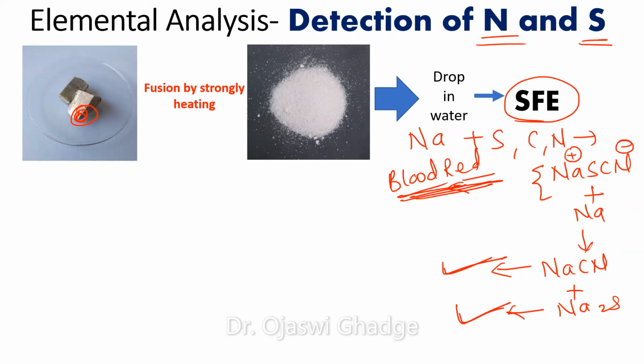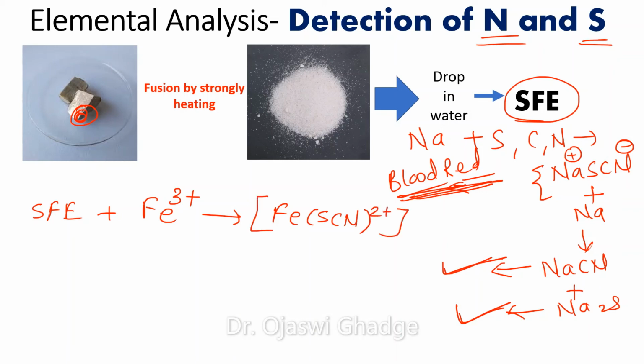Here the sodium fusion extract is treated with ferric ions, which I am getting from FeCl3. After reacting with ferric ions, if this complex is formed, then the solution in your test tube will get a blood red color.